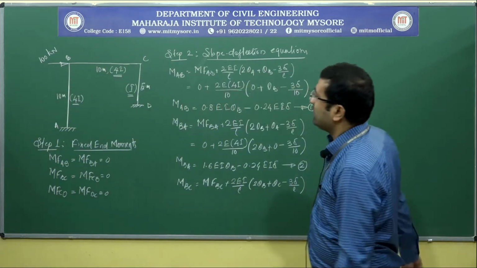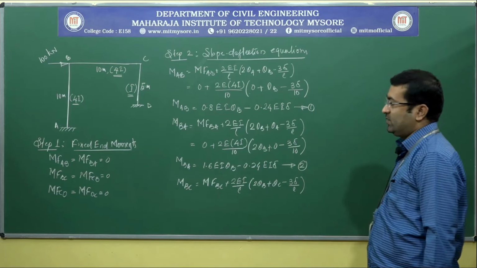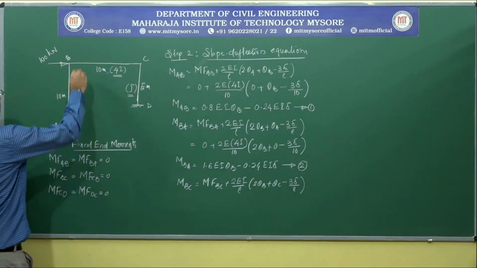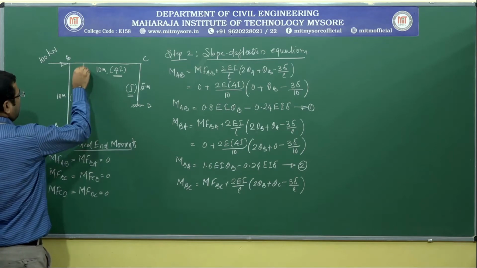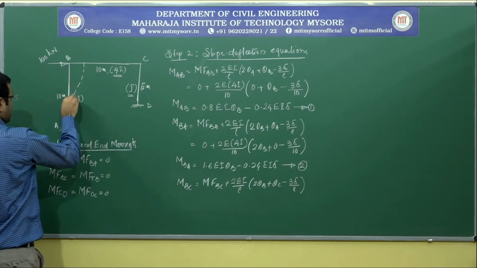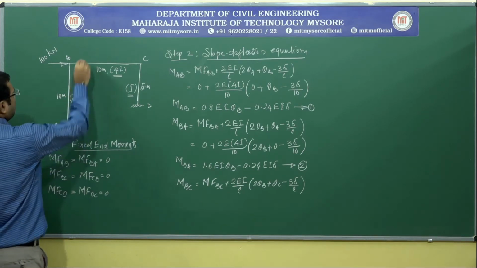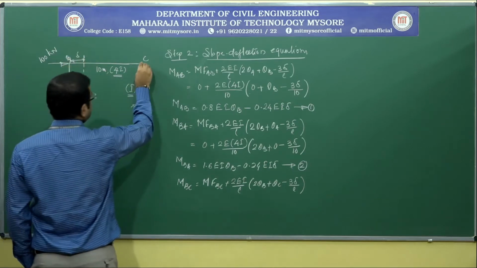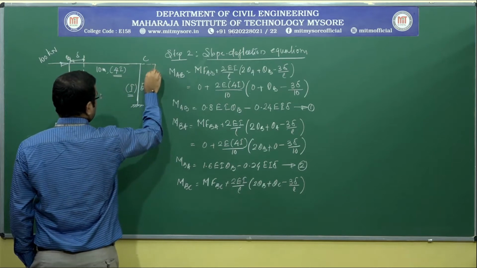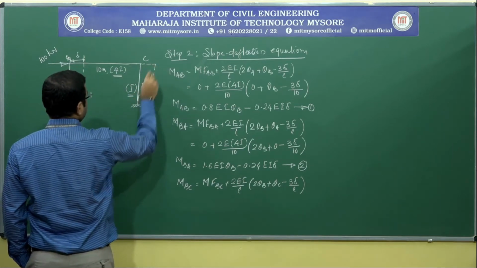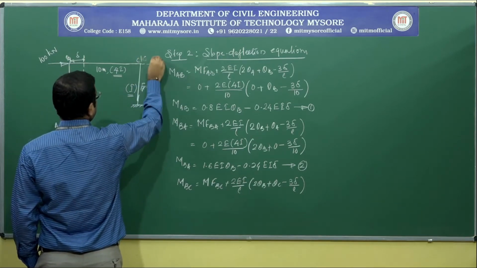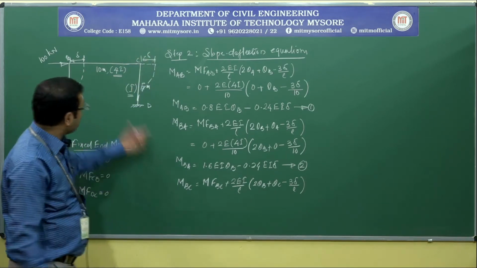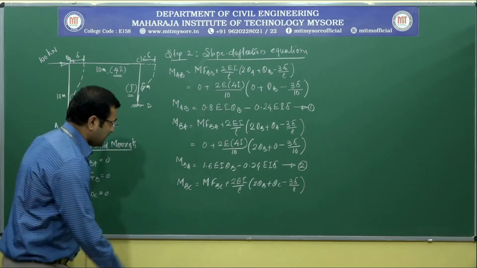So the delta value for member BC will remain 0. As I told you earlier also, sway is affecting only the vertical members, that is columns. So you can see the delta is imposed on the vertical members. So the columns are unaffected by this lateral displacement.